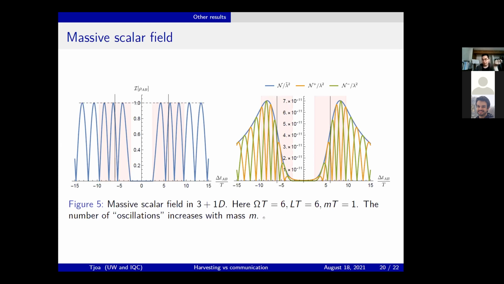So essentially the higher masses add more oscillations to the interior of the light cone. You can check this by lowering m slowly, and eventually the number of oscillations will decrease to the number that you see in the massless case.